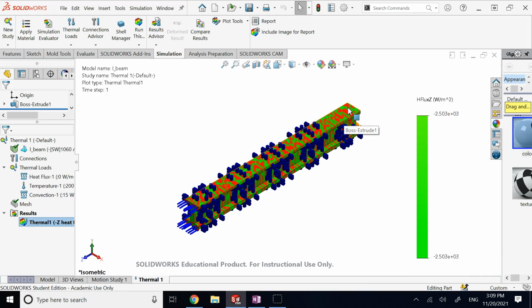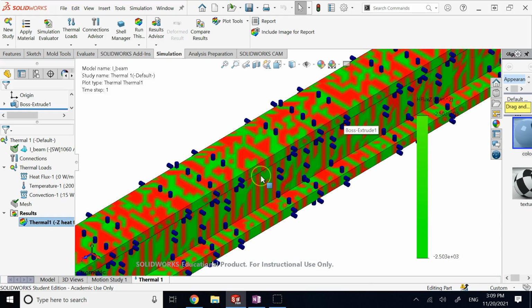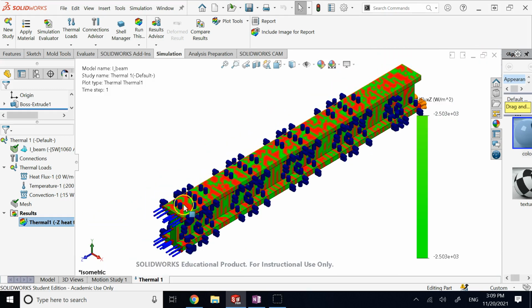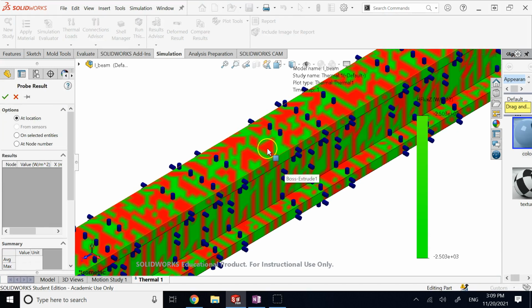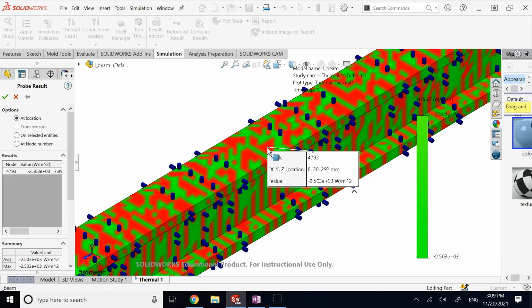It means the heat flux is almost the same all over the beam, although it's a little confusing showing it with two different colors. The heat flux is almost the same. If you click here, the number is negative 2.5e3. If you click here in the green area, that's also negative 2.5e3.